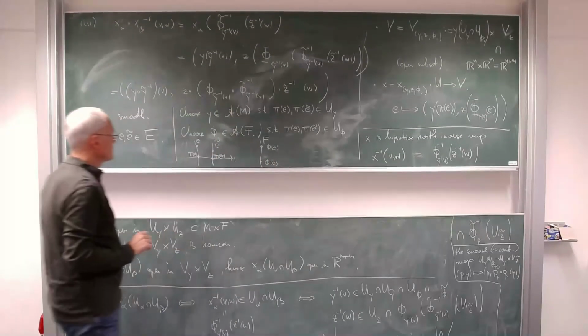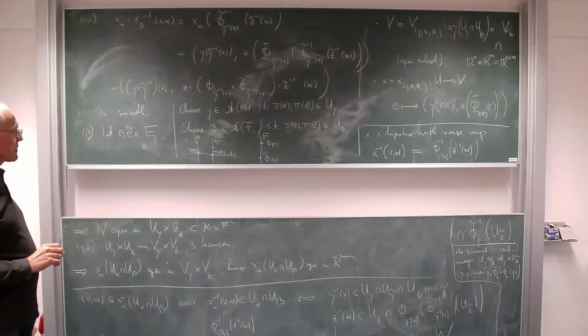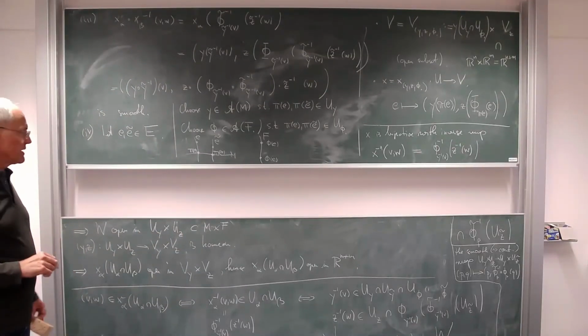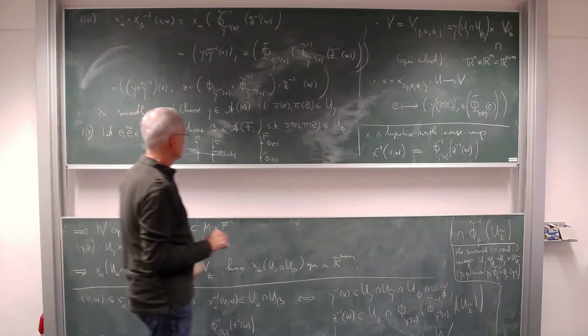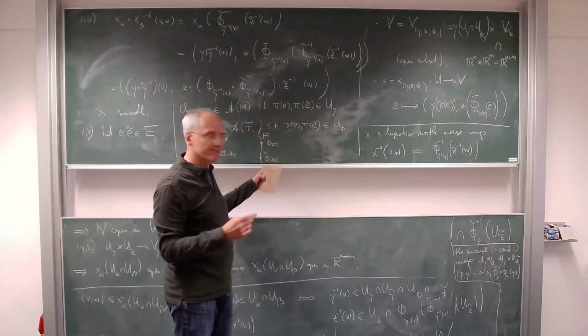Right. So phi gives me 2 points on the model fiber, and I choose a chart now which contains these 2 points on the model fiber.